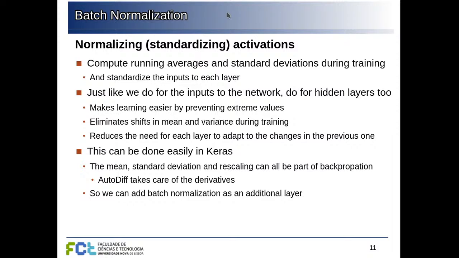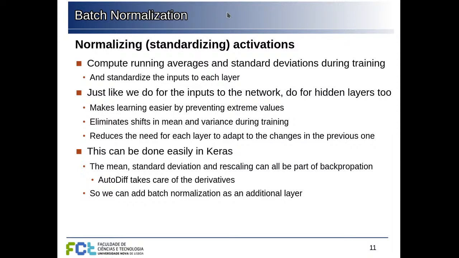So it's basically looking at the data as we are training the network, taking a running average over all the data and using that information to standardize the inputs into the following layer. This way we are standardizing the outputs of one layer, and the next layer will not have the additional work of trying to deal with large changes in the mean values and in the standard deviation of the outputs of the previous layer.